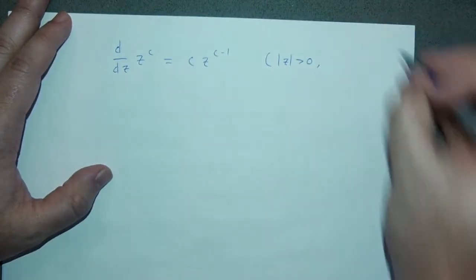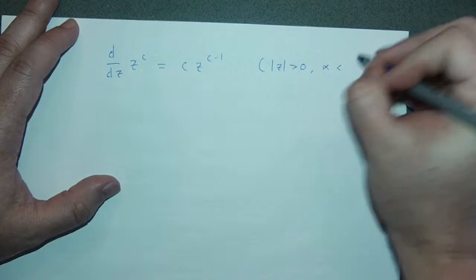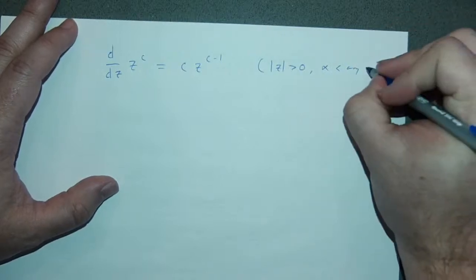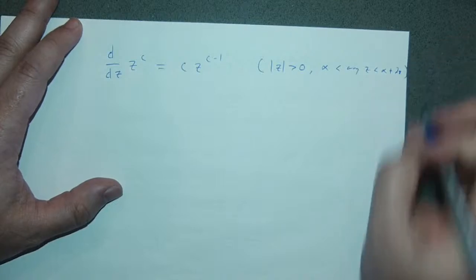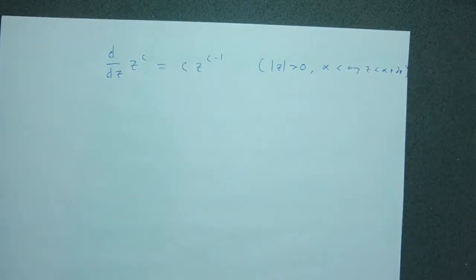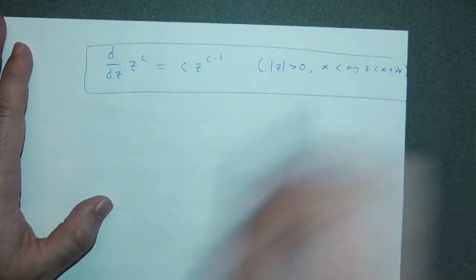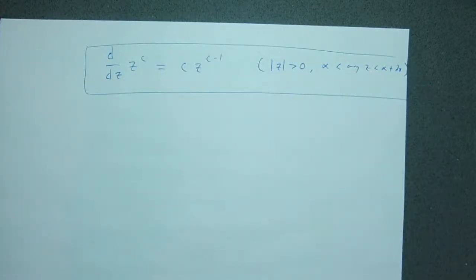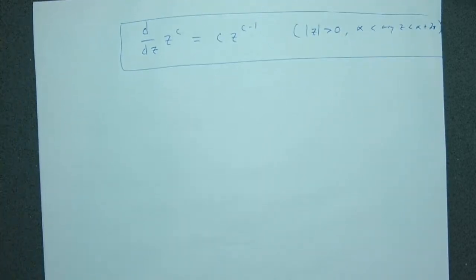That's a branch point. And arg z is strictly between some alpha and alpha plus 2 pi. Okay. All right. So this is the derivative of a branch of that thing.